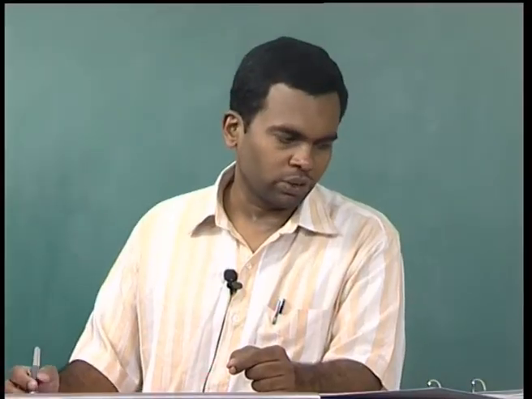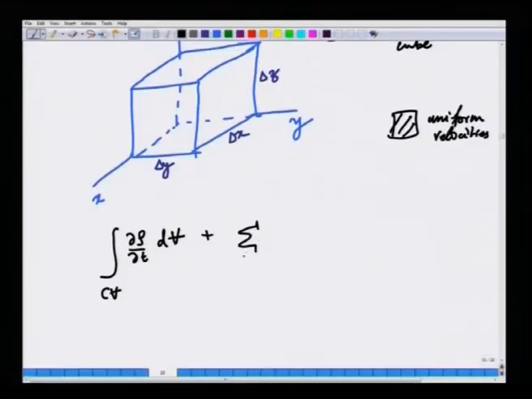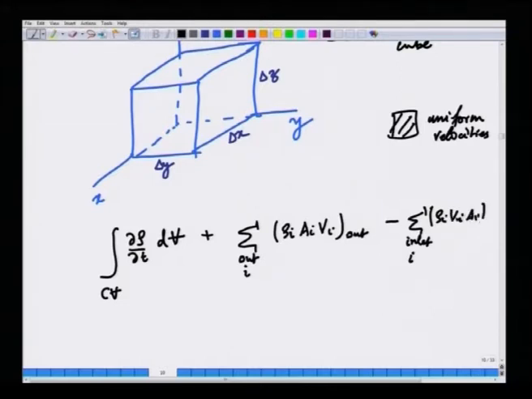So, I am going to write the summation over all outlets, with an index I, rho I, A I, V I at all outlets, minus the summation over all inlets, rho I, V I, A I at all inlets, is 0.